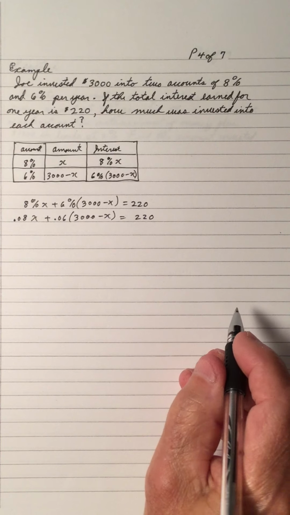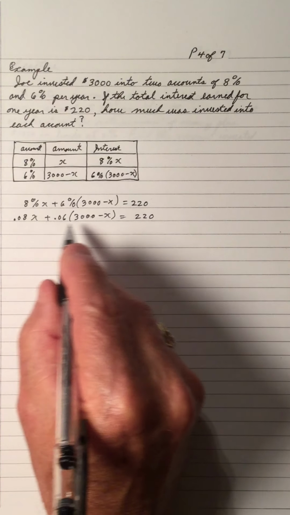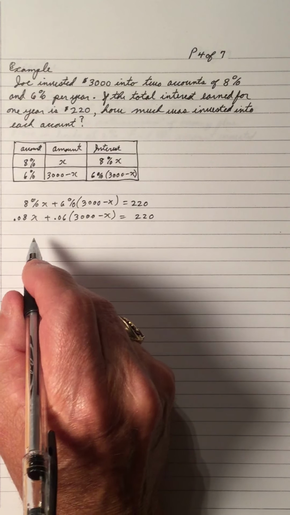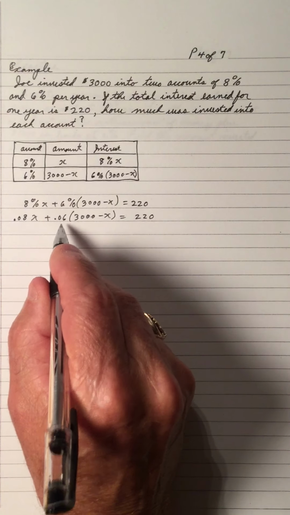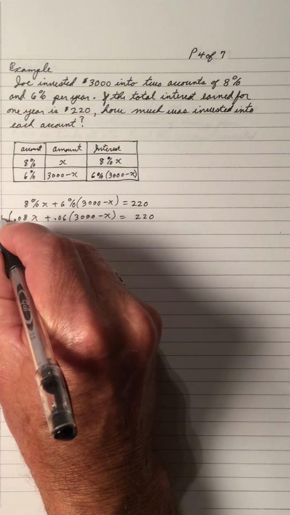If we want to make it easier, because we have an equation with decimals, we multiply both sides by the most decimal places. There's 2 decimal places here and here. So we multiply both sides by 100.